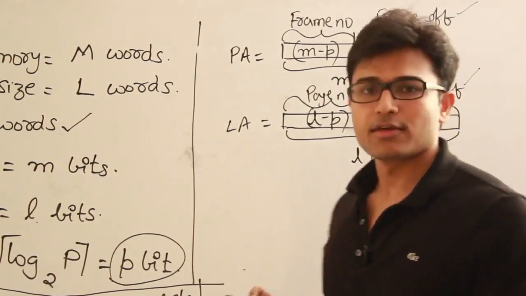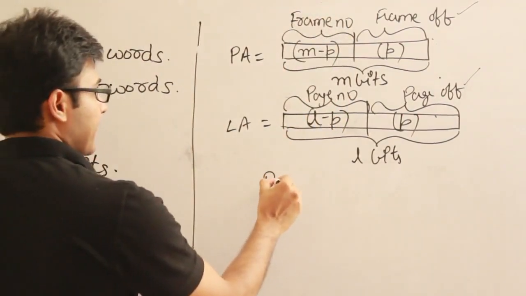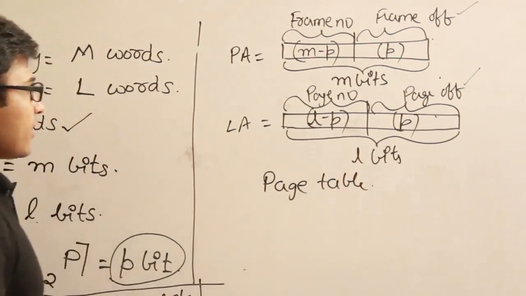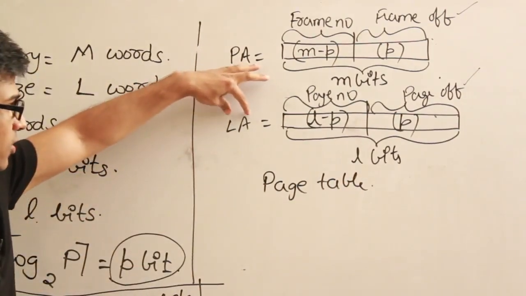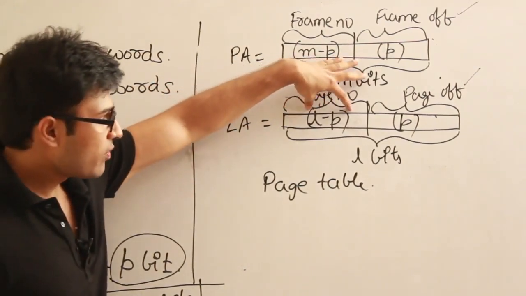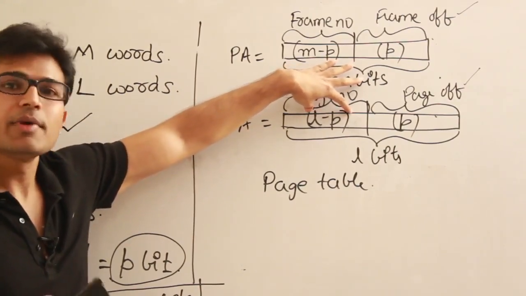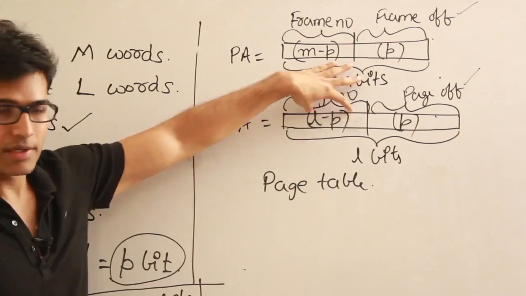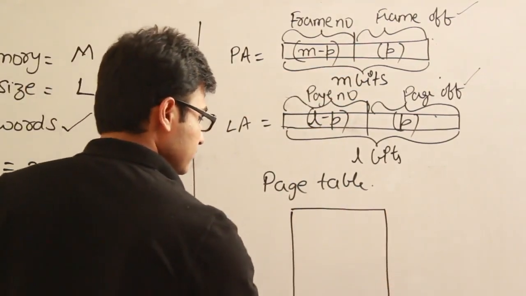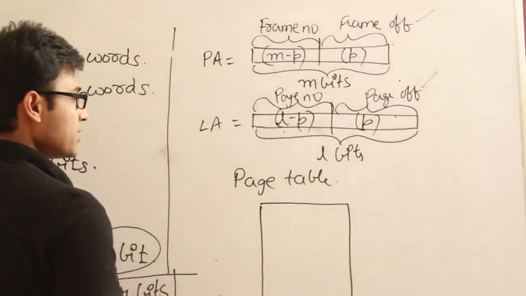Now how is that done? We are going to use something called a page table. How does this page table operate? See, you found out that your logical address space, or your process, is divided into 2 power L minus P pages. If these many bits are there in the page number, then how many pages will be present? 2 power L minus P pages, isn't it? So now your page table is going to contain 2 power L minus P pages, right?